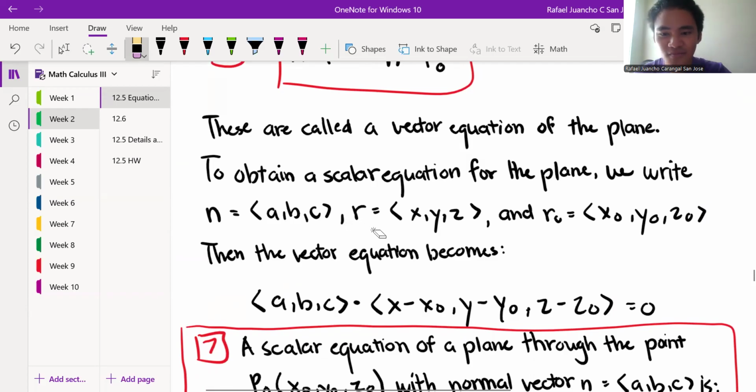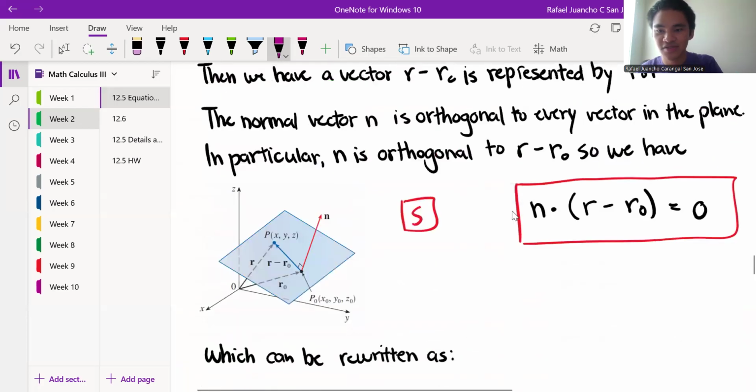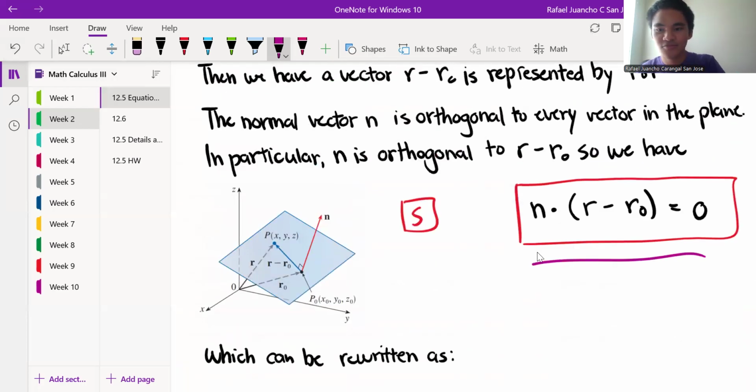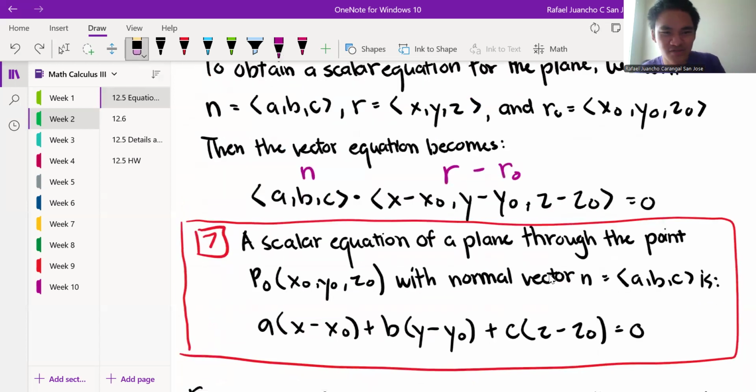We have r and r naught, and then we have this vector equation. So we just substituted it. So this is n, this is r minus r naught, which is the same as this thing right here. We just made it in vector form. Yeah. So that's how we were able to get this.